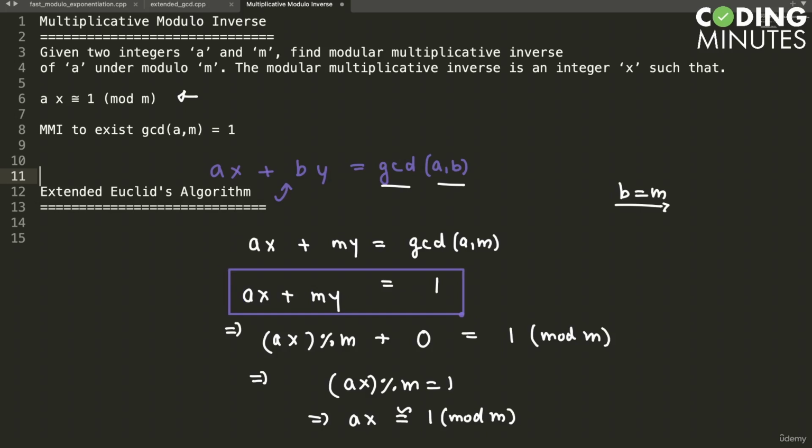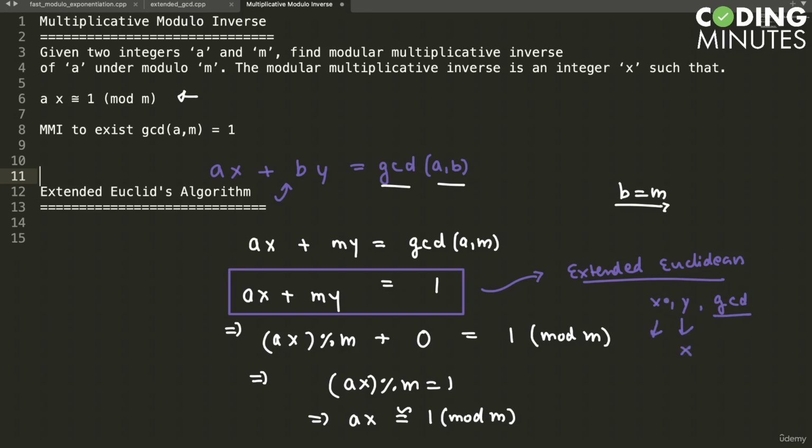This equation can easily be solved using the extended Euclid's algorithm that we have already seen, and that algorithm gives us three values. It gives us the value x, the value y, and it also gives us the GCD. The GCD is 1, we always know. The value of y, although the algorithm will give it to us, is not needed.